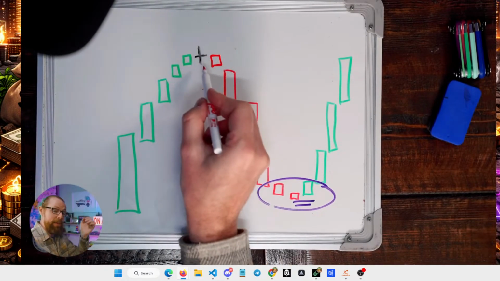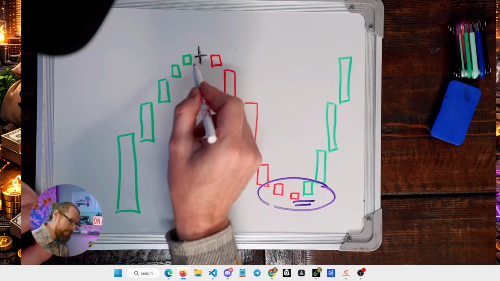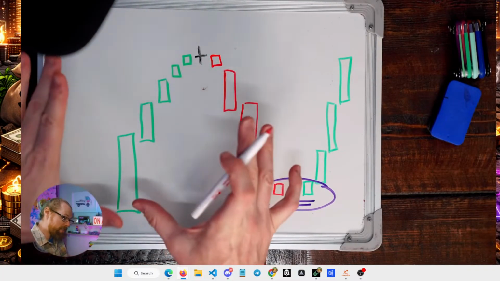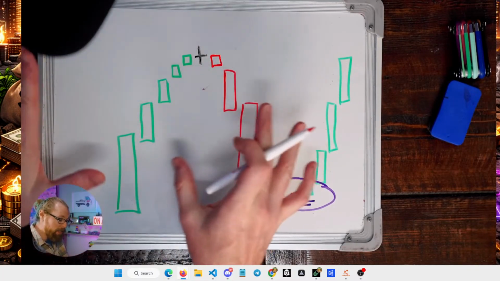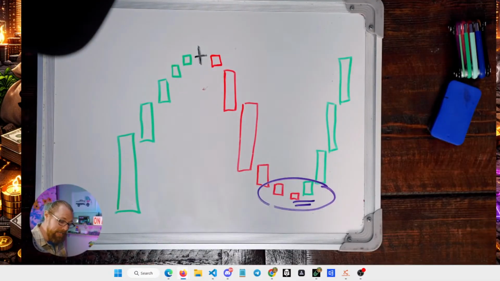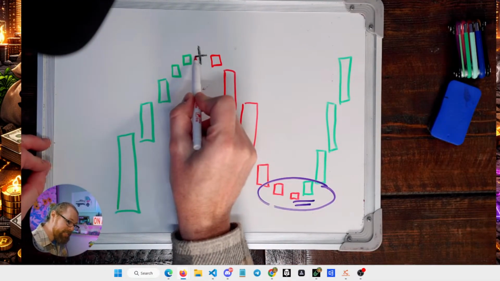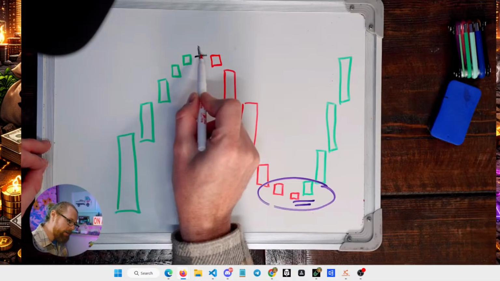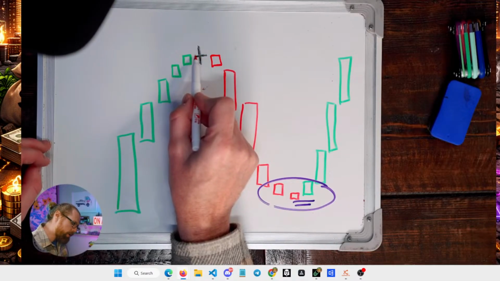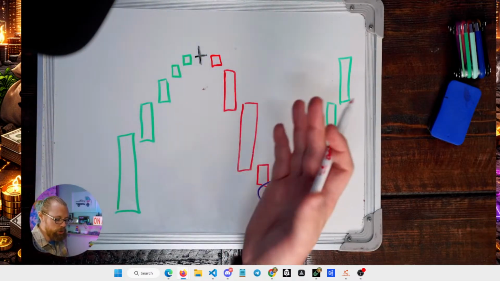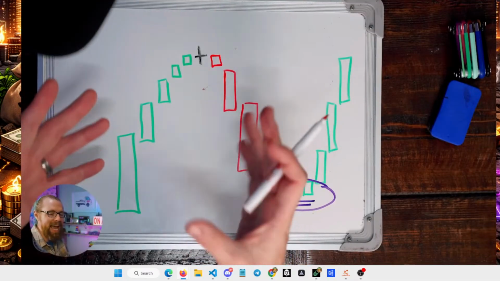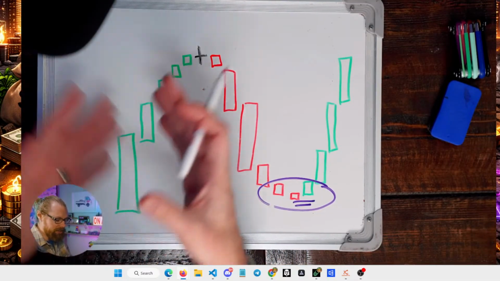This is so common that at the top of a move, you'll see a doji. We love seeing these because it's a very clear caution flag that the trend is about to shift. And usually the doji is black because the open and close are the same. Now, if it's slightly green or slightly red, it doesn't really change the sentiment of what's really happening behind the candle, which is that there's a battle.